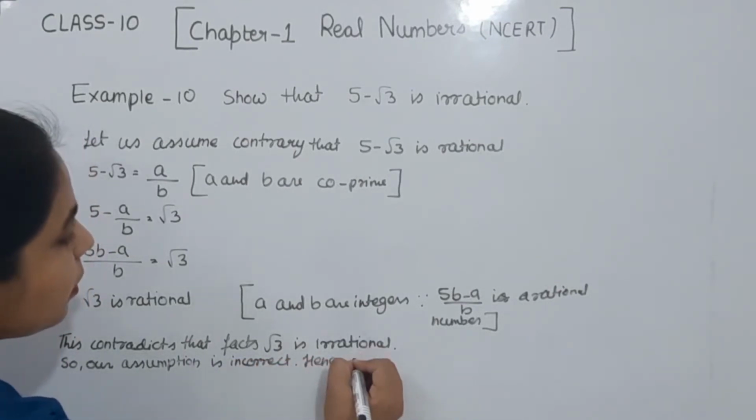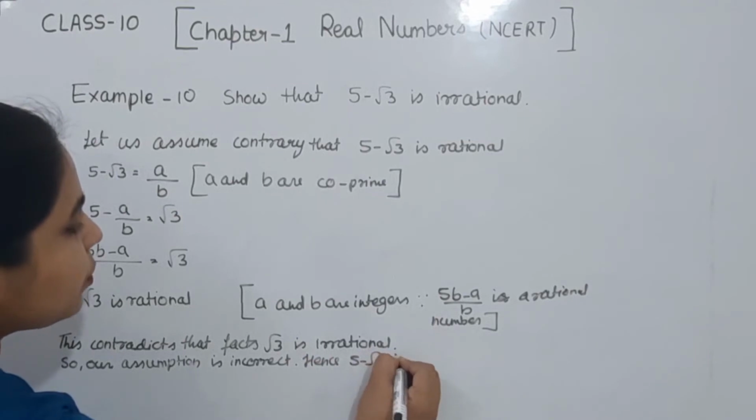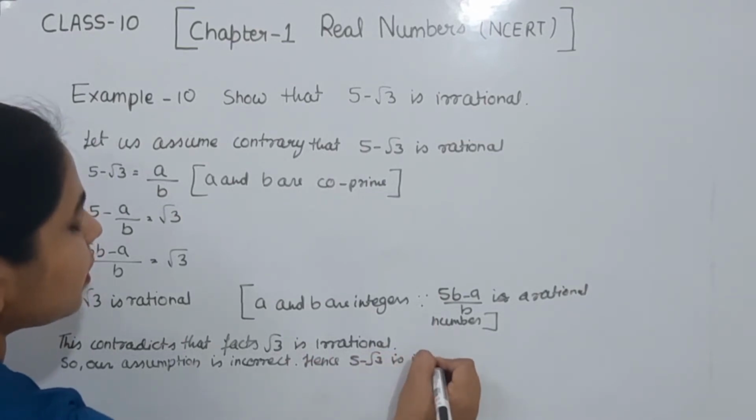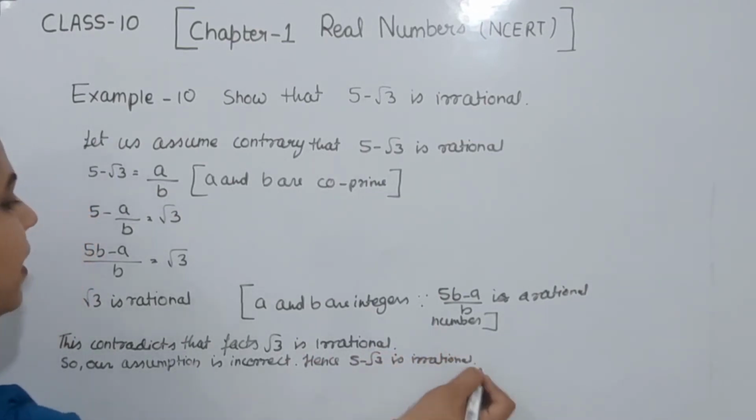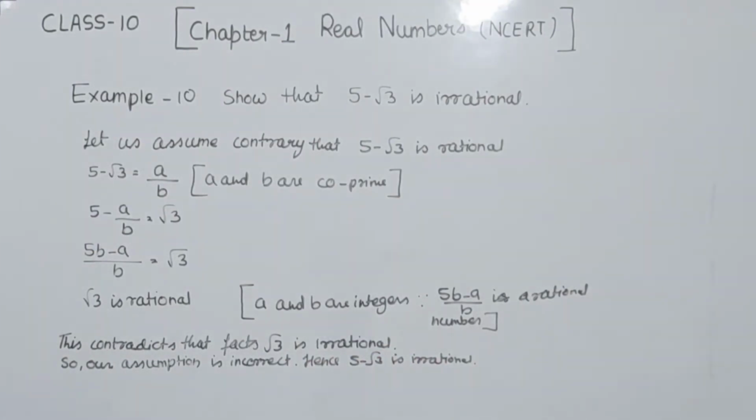Hence 5 minus root 3 is irrational. So this is example number 10.